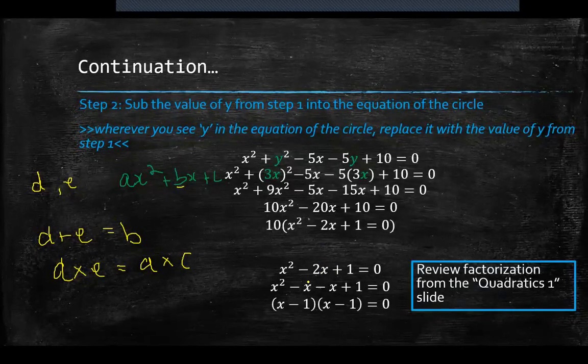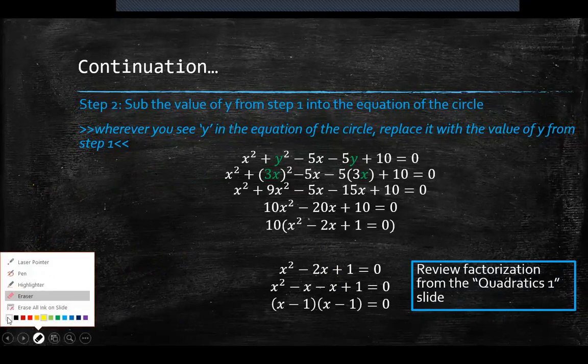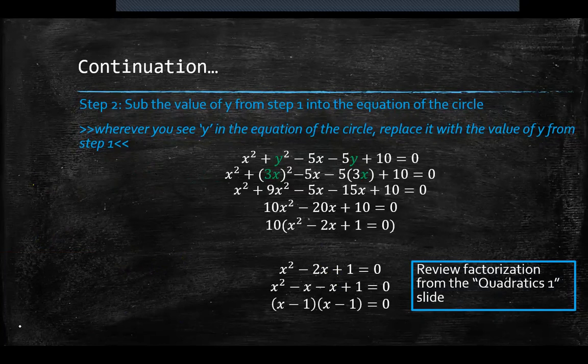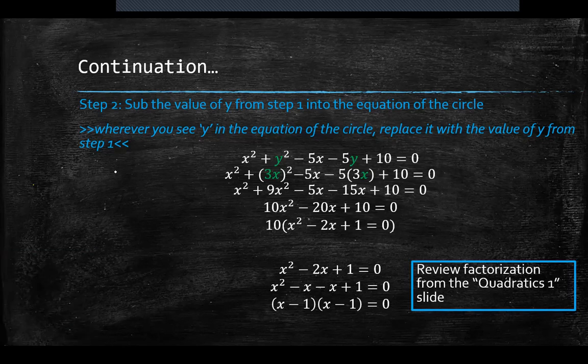In this case, my two numbers would be -1 and -1. Let me show that to you real quick. So remember, we need two numbers that when added will give me the value of B, but when multiplied will give me the value of A multiplied by C. So in this case, the two numbers we're looking for are -1 and -1.